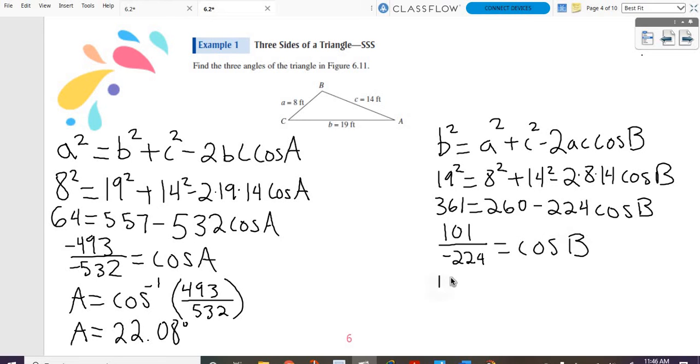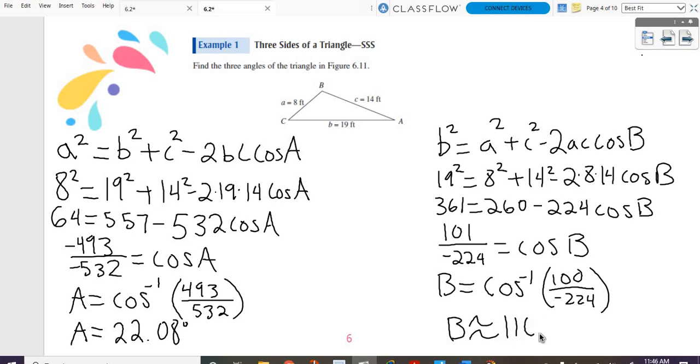And then our last step would be to take the cosine inverse of both sides. And what do we get for big B? 116.8. Just, if we round to 2 decimal spots, is it 116.80? Oh yeah. Good.